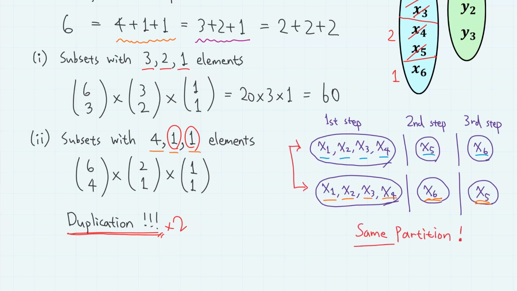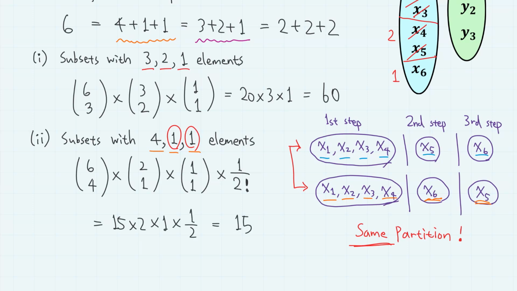These two are the same partition, but it is counted twice. Therefore, we have to divide the entire result with 2, or more precisely, 2 factorial. This gives 15 times 2 times 1 times 1/2, which is 15.